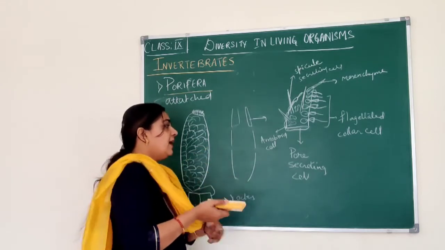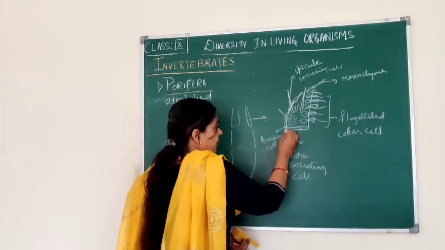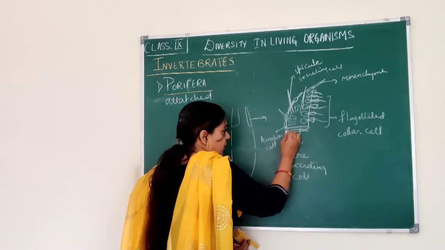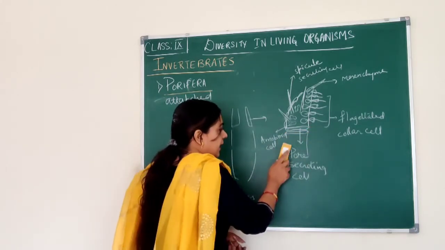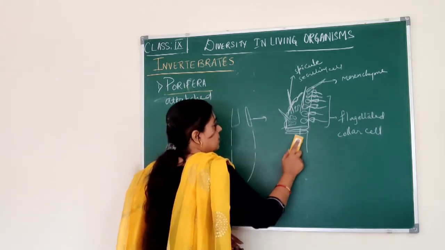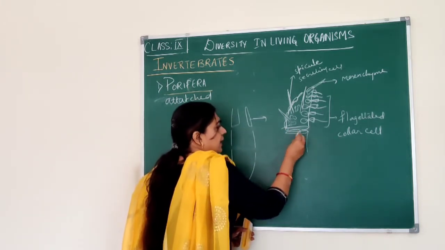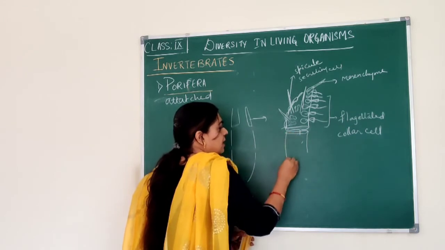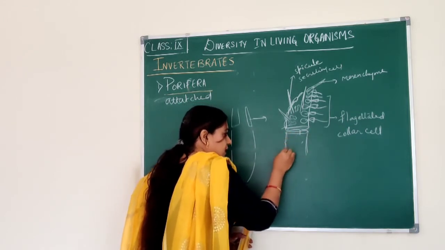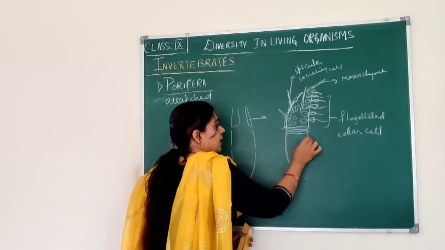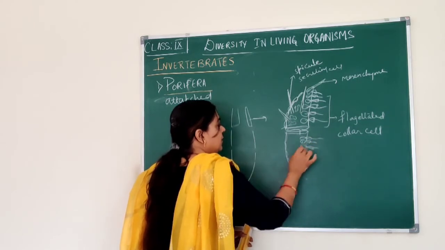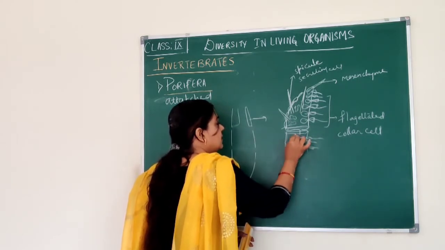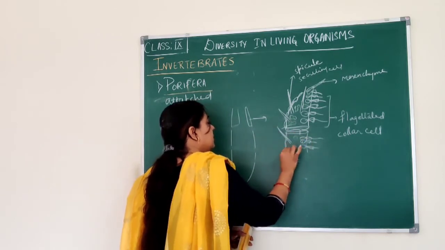So like that, the entire body is made up of these cells. As I told you, this organism has very tiny pores, so they'll have very tiny gaps. Again, they'll have this pore secreting cell and mesenchyme cell, then the flagellated collar cell, and the amoeboid cell and spicule secreting cell.